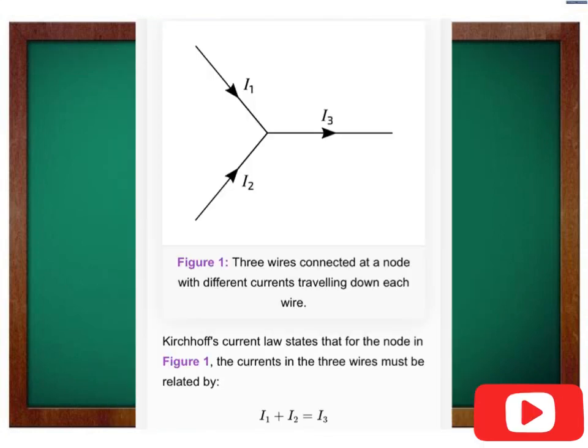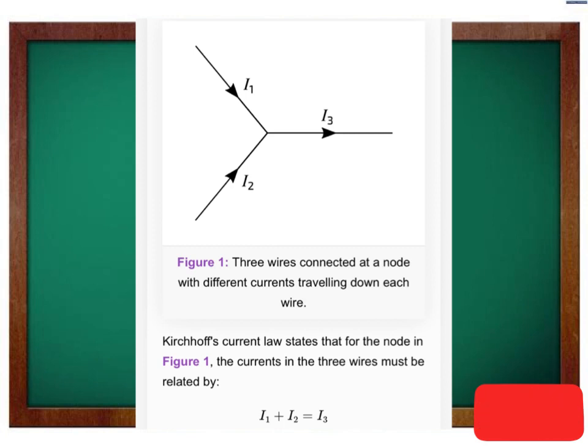To understand this law, you can take the help of this diagram. It shows three wires connected at a junction, out of which two wires show the current going inside the junction, that is, towards the point J. Currents I1 and I2 are entering the junction, while the current I3 is leaving the junction.